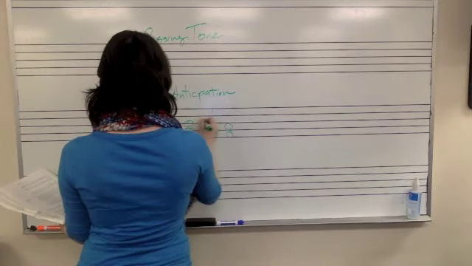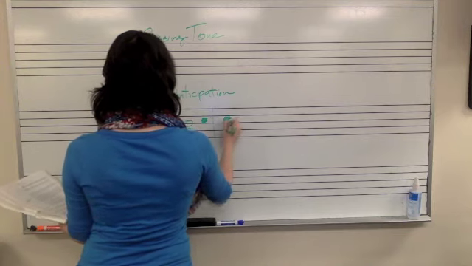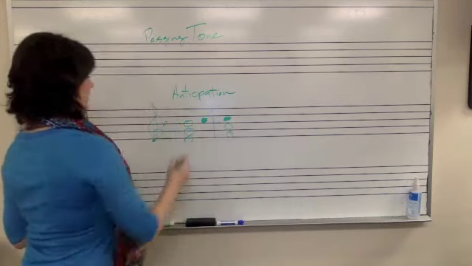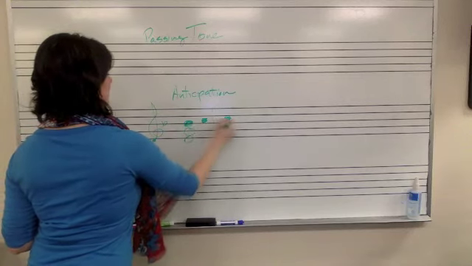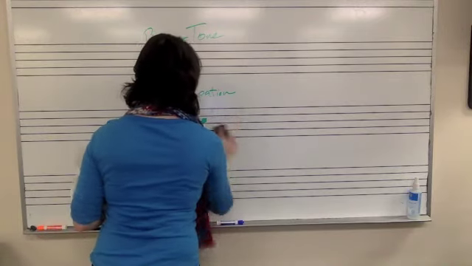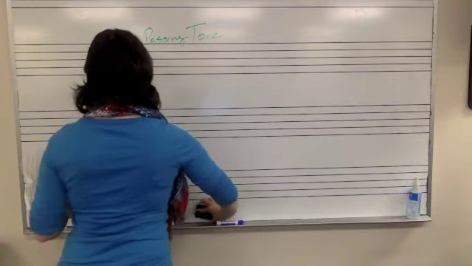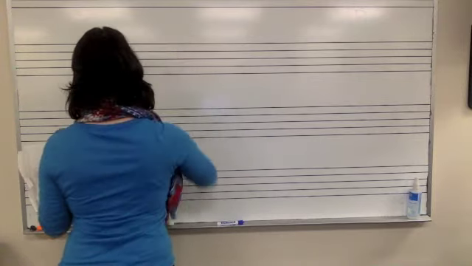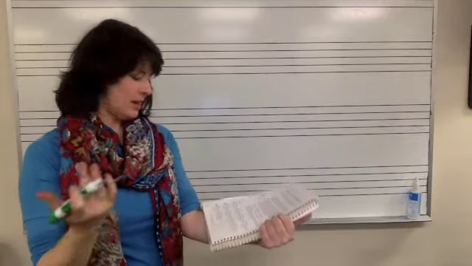So if we do B, C, and then do that, right? Something like that. But the important part is that it's anticipating the final chord. All right, so those are non-harmonic tones. And those are all the ones that you need to know.